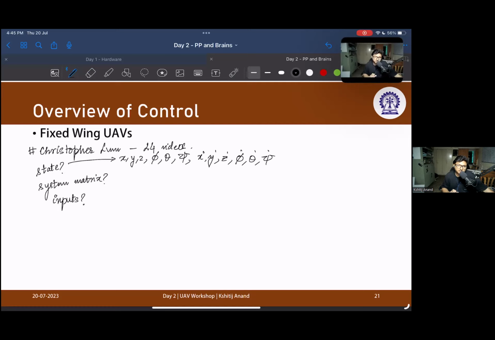So this is a 12 variable state vector for fixed wing UAVs. Now I think you will be able to appreciate more why I had been telling you since last day's workshop that it's much more difficult to control a fixed wing UAV. Okay. So it's not that quad rotors don't have a lot of state variables, but now you'll see why. So quad rotors only have four inputs, the four motors that you have.